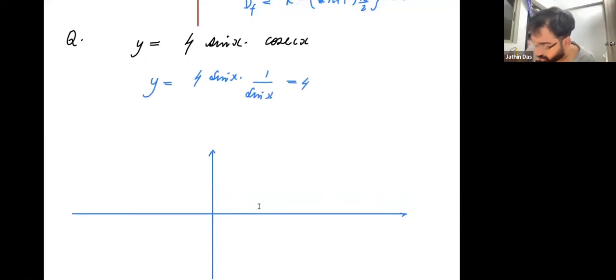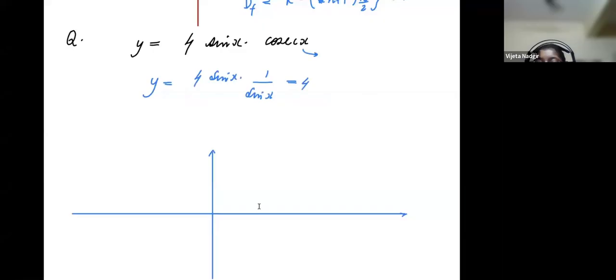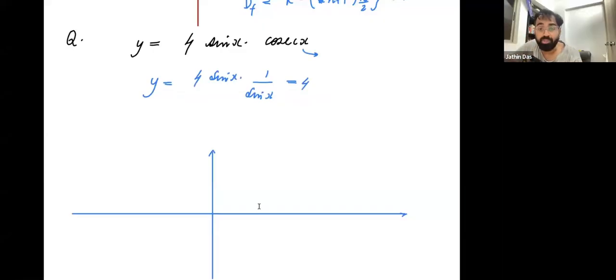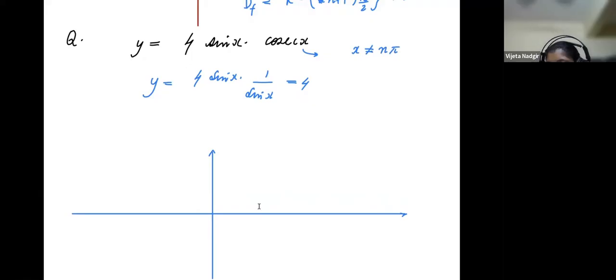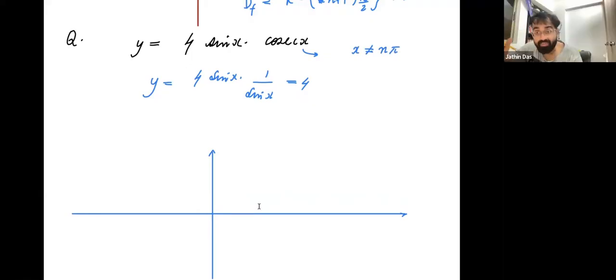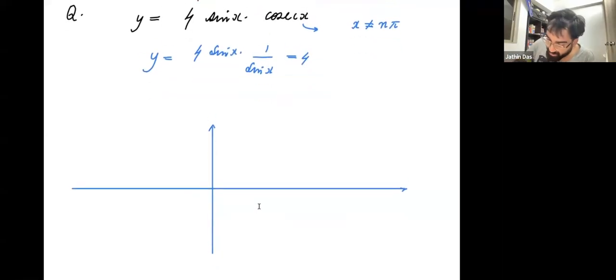So you got 4. But will it always be 4? No, this is 1 by sin. When will sin become 0? For n pi. So for x not equal to n pi, you will get the value. Wherever it is n pi, you will not get the value. So the curve will look like this.